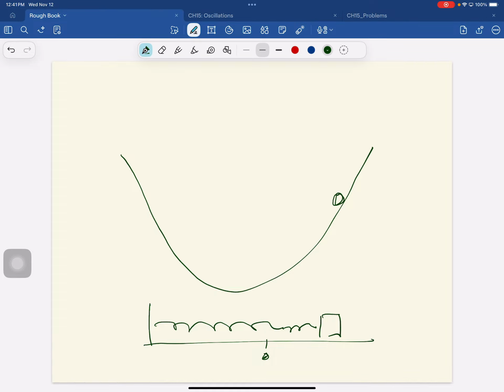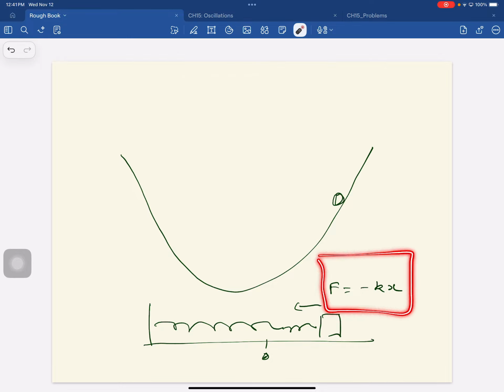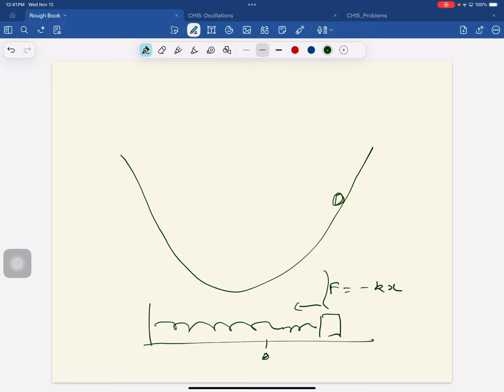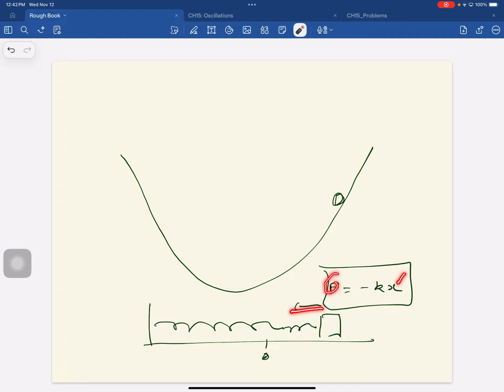So this force that the spring exerts on the mass is called a restoring force. So for an oscillatory system, you need to have restoring forces. When x is positive, this force is bringing it back. When x is negative, the force is positive, trying to bring it back to the equilibrium position.